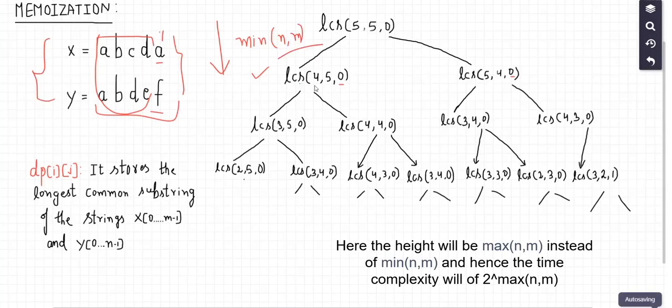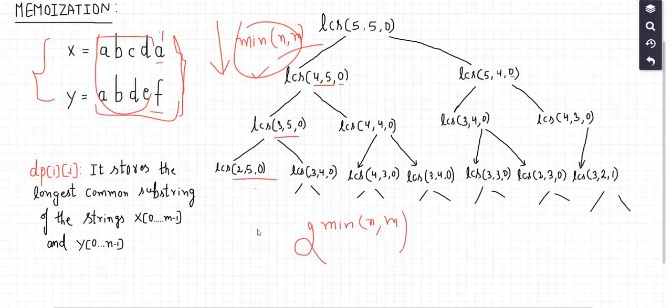Why? Because once I exhaust one of the strings, there is no meaning in comparing the remaining string with the empty string. Fine. So that's why this will be the height of this tree. That will give me a time complexity of 2 raised to the power min of n and m.